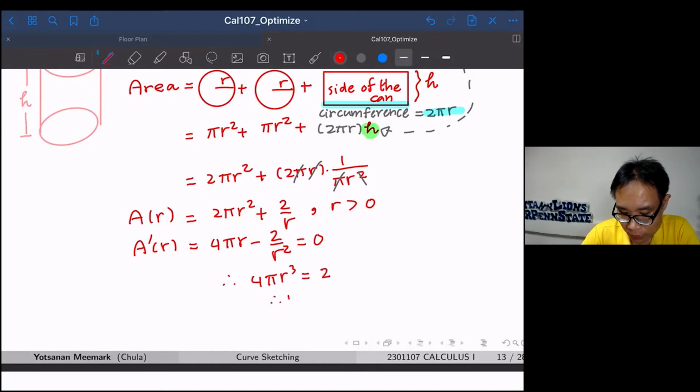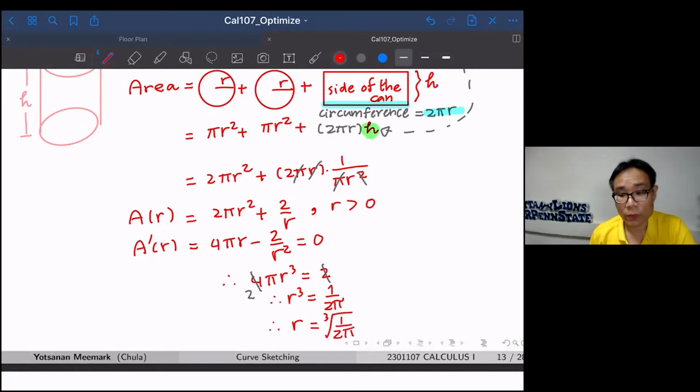So you get r to the cubic power equal to 1 over 2 pi, to cancel with 4. And you see that you have r equal to the cubic root of 1 over 2 pi.